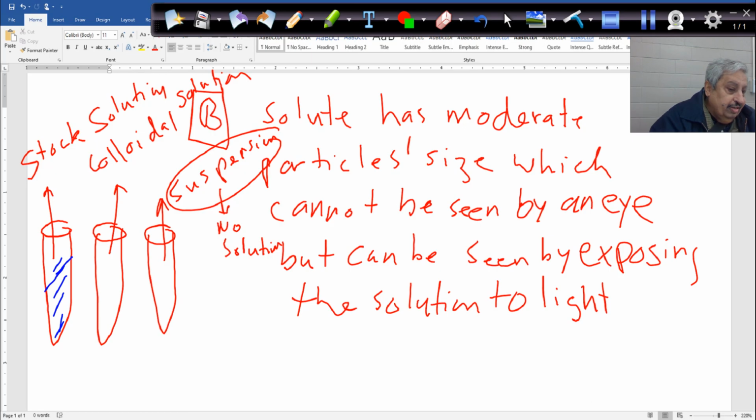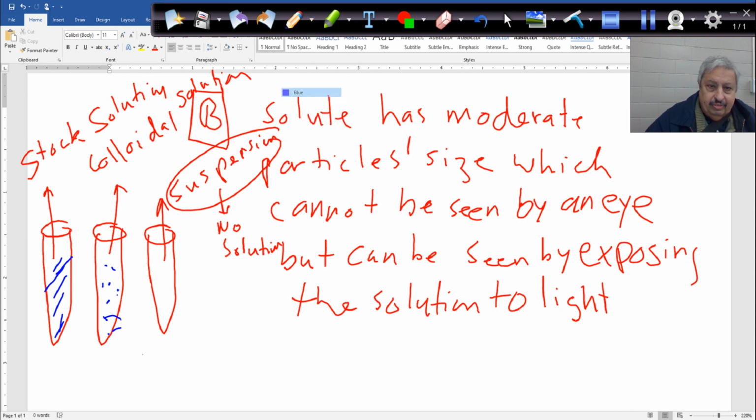Now if I put a light here, maybe a bulb, just put the word light and then put the arrows there.